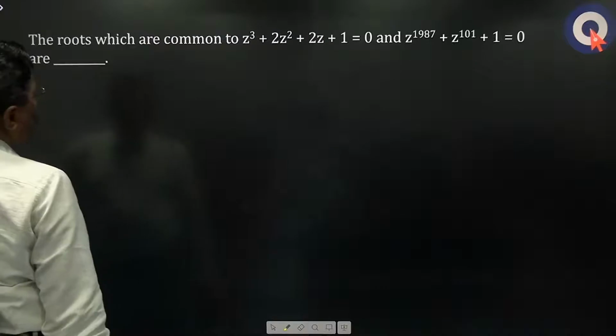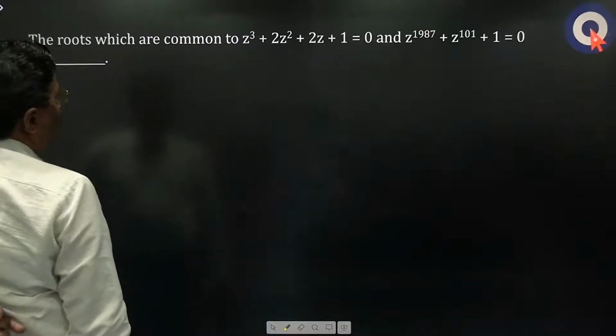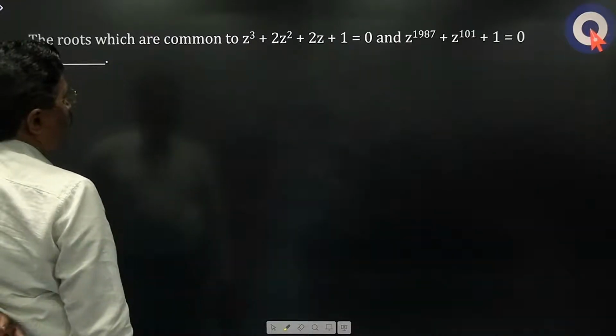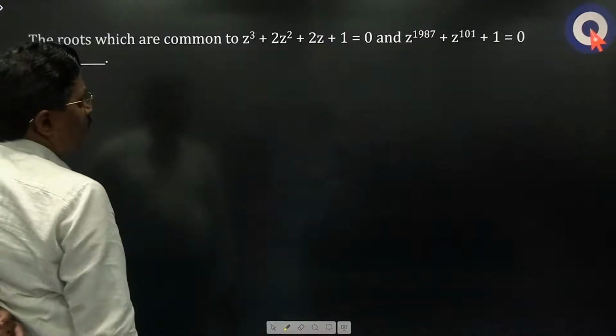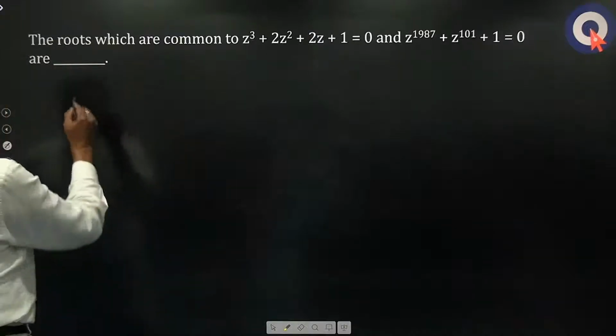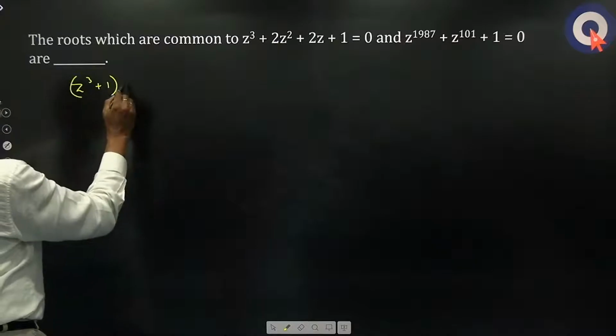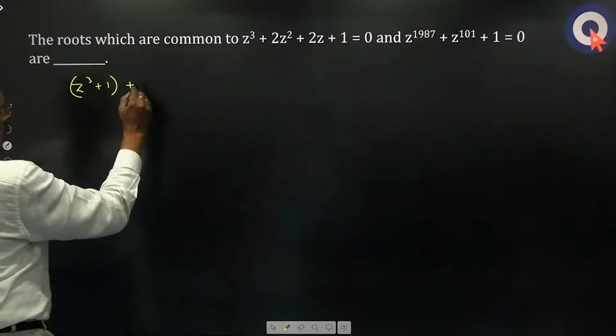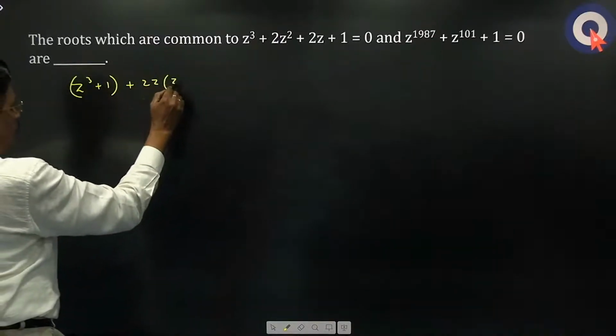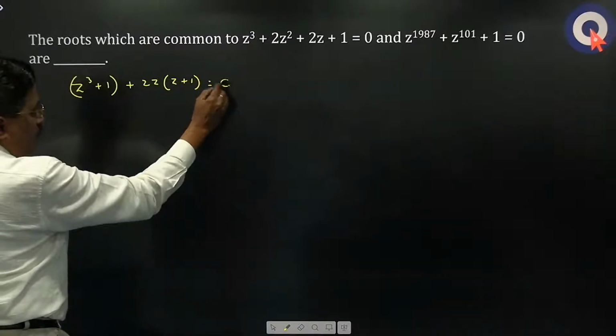The roots which are common to z cube plus 2z square plus 2z plus 1 and z power 1987 plus z power 101 plus 1 is equal to 0. All right. So this is z cube plus 1 plus 2z into z plus 1 is equal to 0.